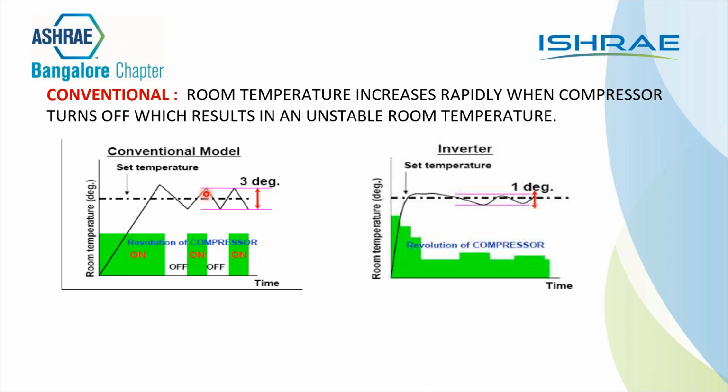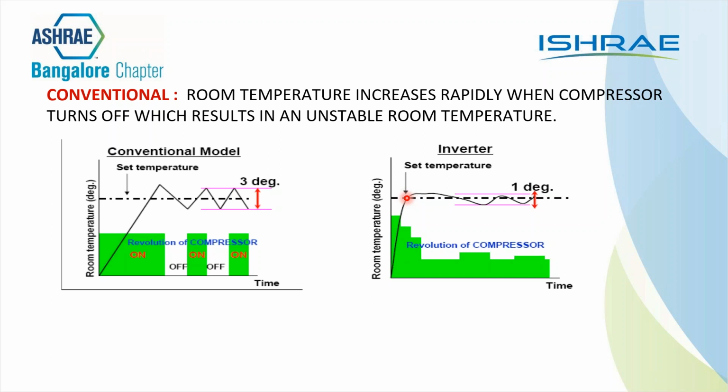Now let us understand what happens in an inverter air conditioning system. Once you set the temperature to 23 degrees centigrade, the compressor starts from 0 RPM and slowly goes to full speed till the desired temperature is achieved.